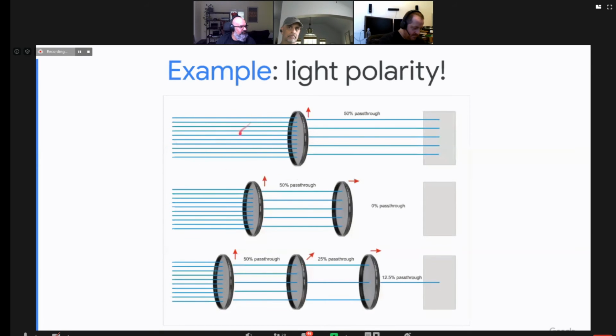What we're seeing right here is a big old mess of photons coming into this filter. And this filter has one type of polarity that it lets through, up polarity. And light is either polarized horizontally or polarized vertically. So when we have this polarizing filter oriented like this, that's performing a measurement, and it allows roughly half the light through.